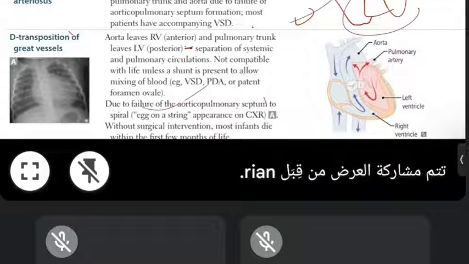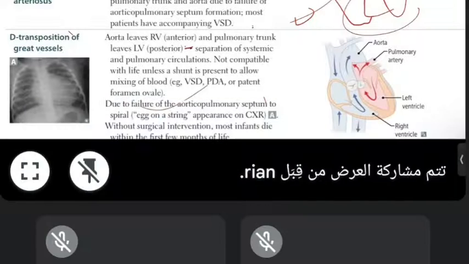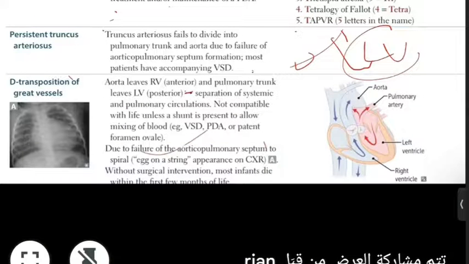Okay? So it usually requires urgent surgical treatment. He has a problem in his heart, and this requires an urgent surgery to treat the disease, to repair the heart. So you need urgent surgery because you need him to grow, for example.